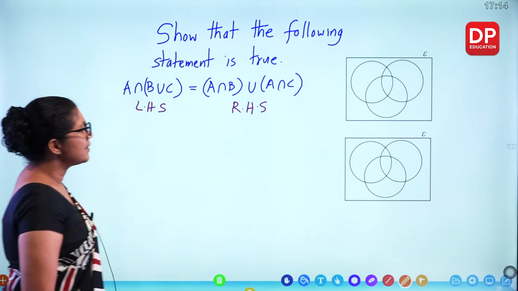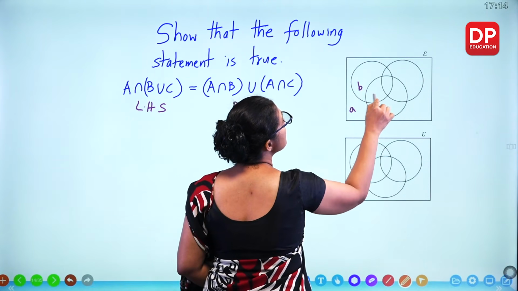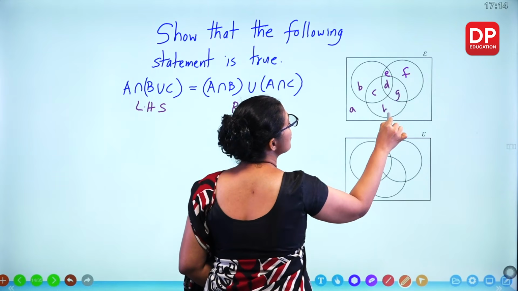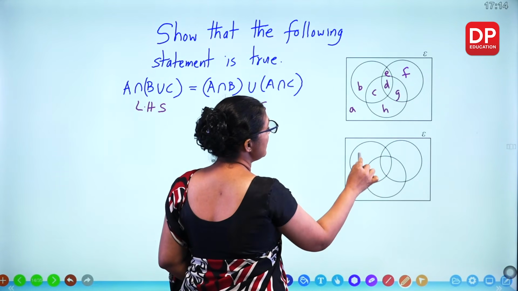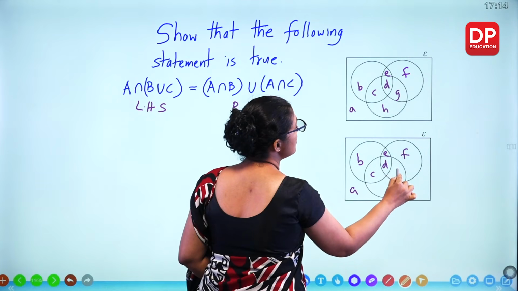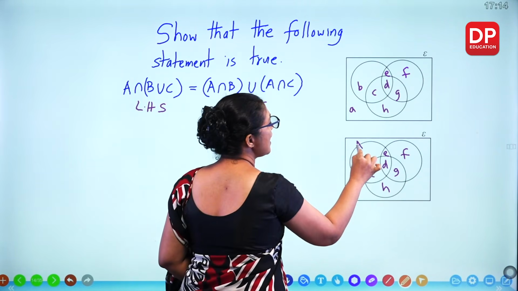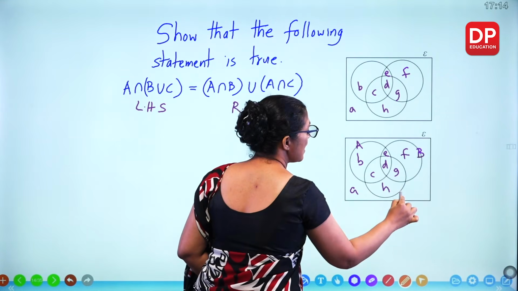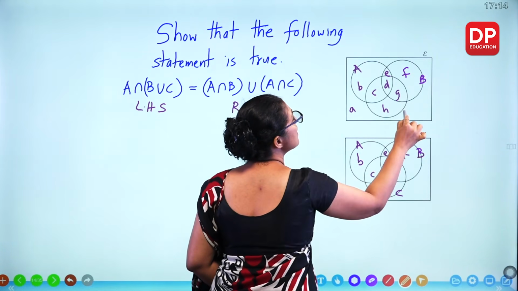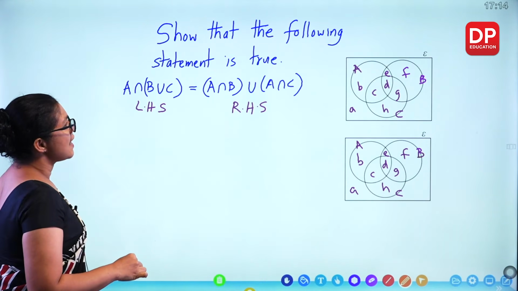So to do that, I am labeling same region A, B, C, D, E, F, G, H. And this is A, this is B, and this is C.